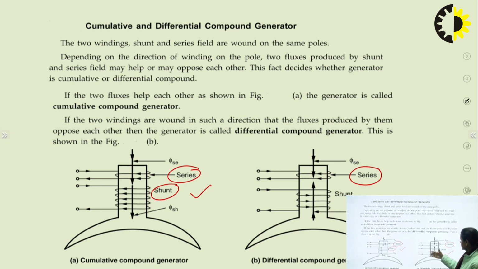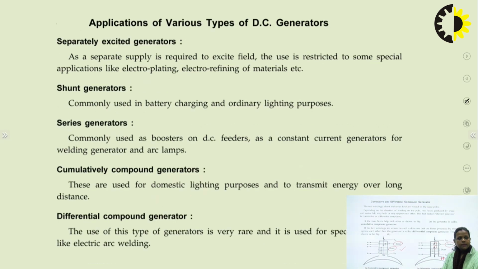And if you hold this one, the fingers indicate the direction of the current, and the thumb indicates the direction of the flux. Here you can see the direction of the flux is upward. So the flux produced by the two windings is in opposite directions. This type of compound generator is called a differential compound generator.